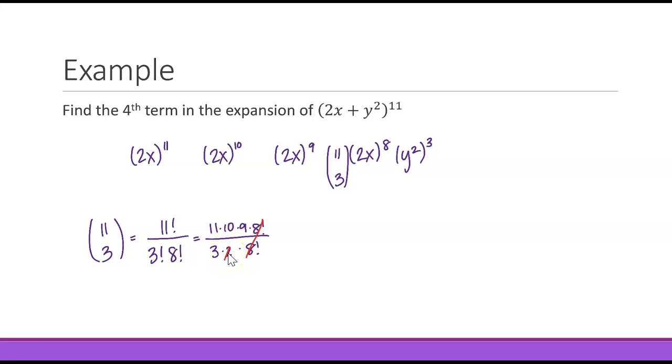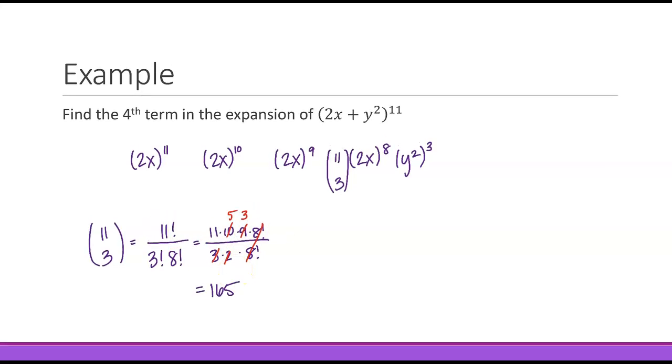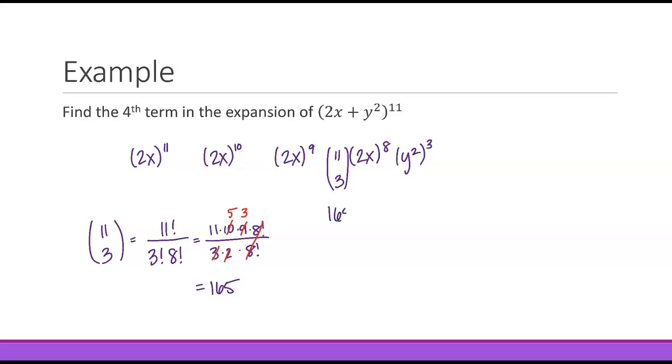So 2 goes into 10 5 times, 3 goes into 9 3 times here. So we're going to end up having just on the top 11 times 5, so 55 times 3, so that's 165. Not terrible when you think about how big these numbers could get. So 11 choose 3 is 165.